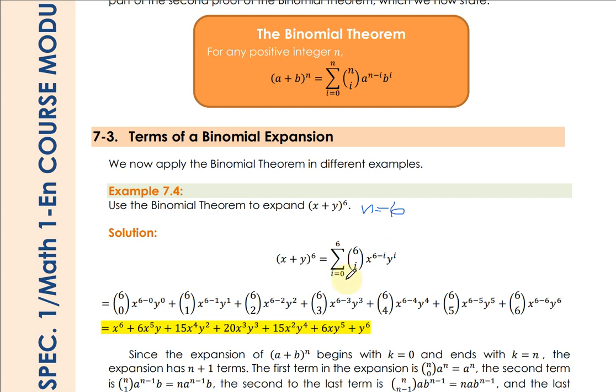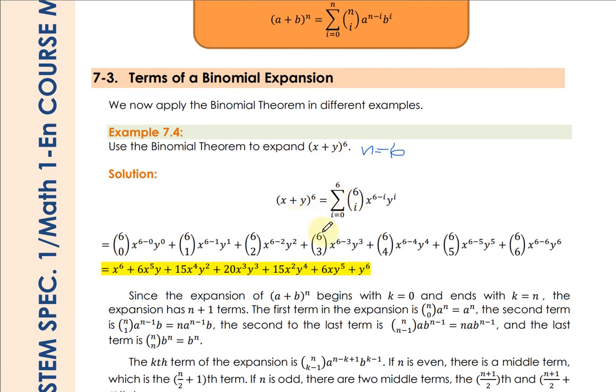So it is constant that i always starts at 0, while n depends on the given. So first, our i is equal to 0. So 6 combination 0. Remember, this is a property of combination.